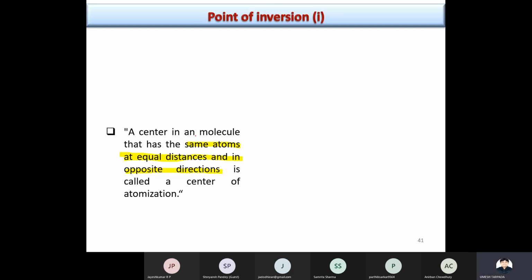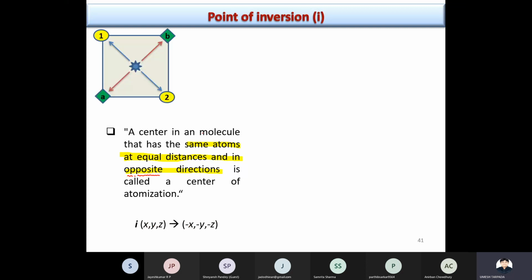A center in a molecule that has the same atoms at equal distance, but in which direction? This is very, very important: in opposite direction. So you can say that molecule has center of symmetry I. If you apply I, you get totally inverse, the same result but on the opposite side. That is what we call center of inversion I.